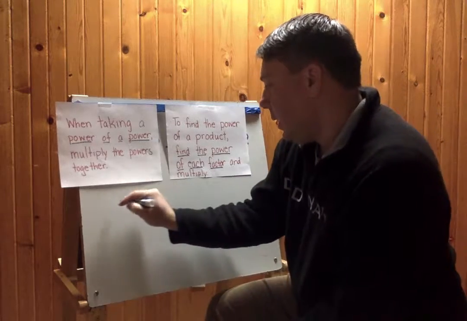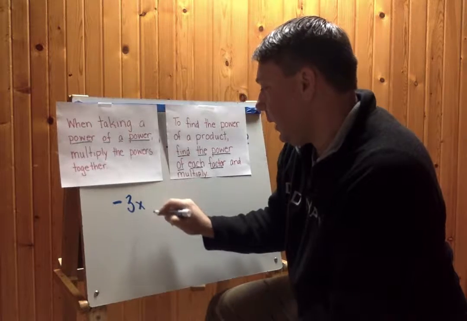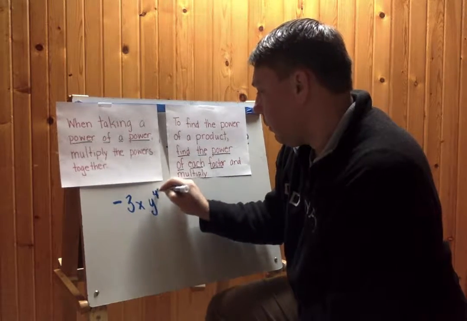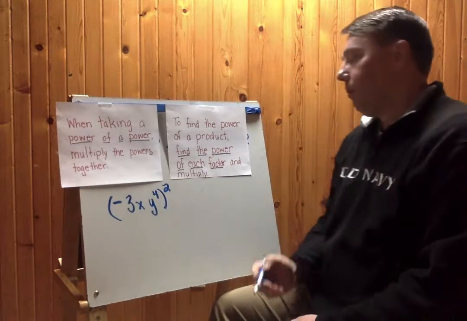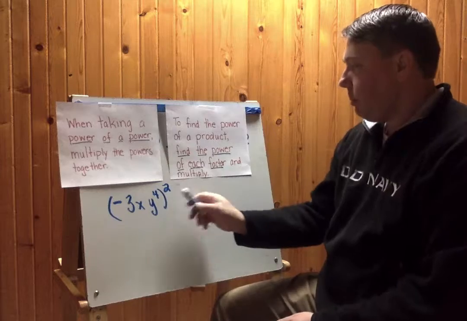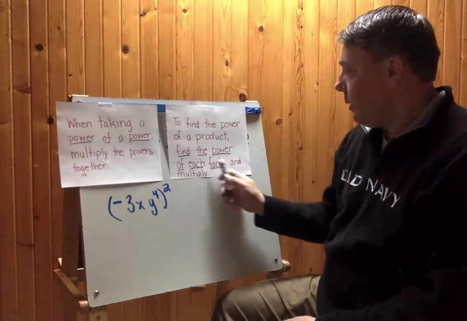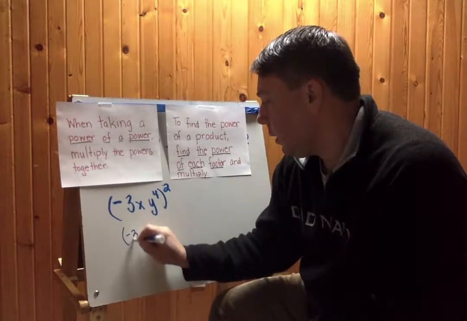All right, let's try another one. Let's say we have negative 3 x y to the fourth, and we're going to take this all to the second power. You see a power of a power, so you know you need to use a power rule. Find the power of each factor. So -3 is a factor.